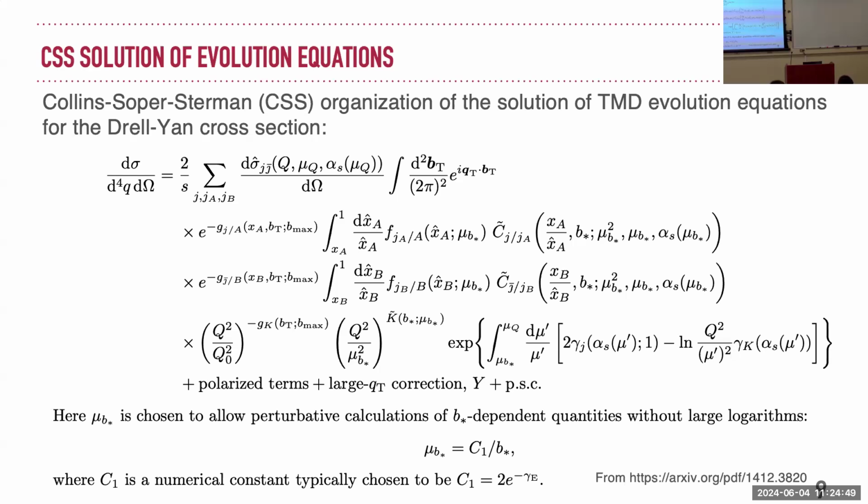So I can write k tilde of b t and mu is equal to minus integral from mu 0 to mu of d mu prime over mu prime gamma k of mu prime plus k tilde of b t and mu 0. So that's the first solution. Let me keep the solution, but not the derivation.